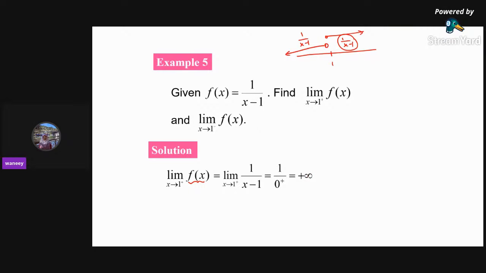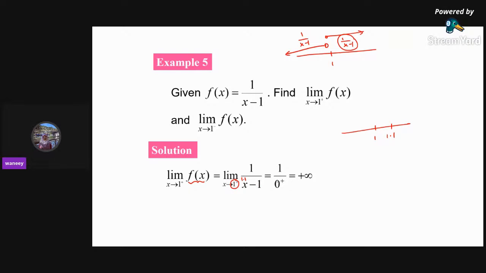Okay, so how do we decide whether we have positive or negative infinity? Check that you are approaching 1 on the right hand side. So on the right hand side of 1, choose some number. Normally I prefer to add 0.1, so I'll choose 1.1. If you subtract 1 from 1.1, we get some positive number, right?